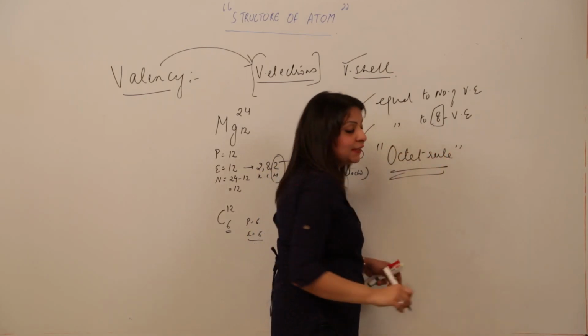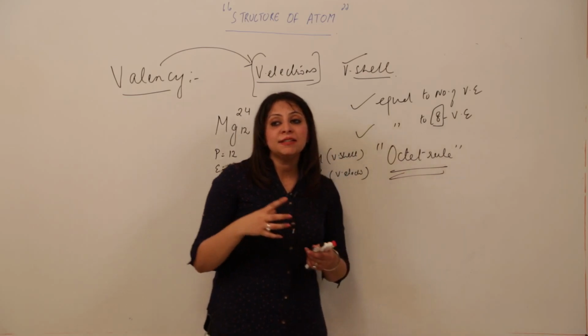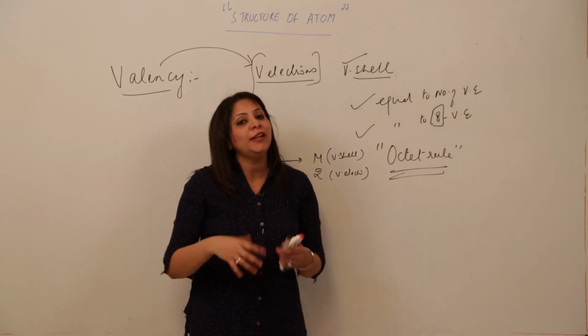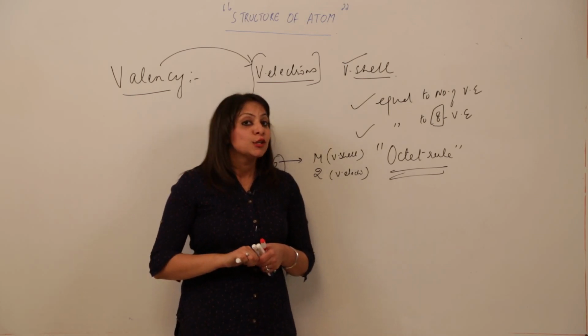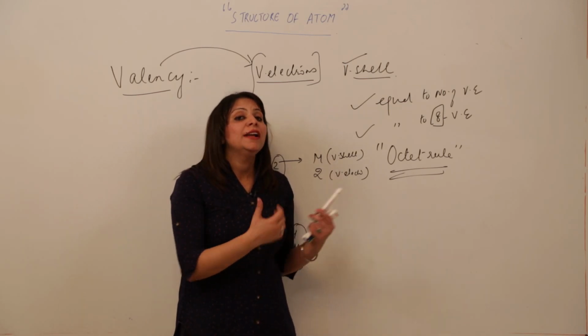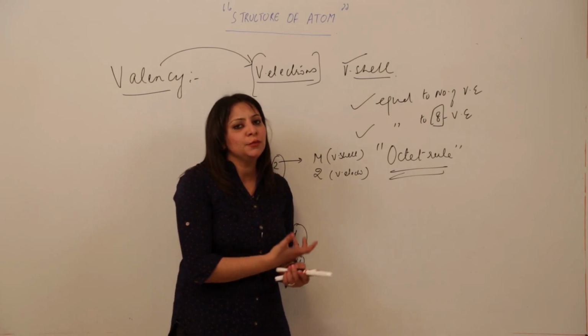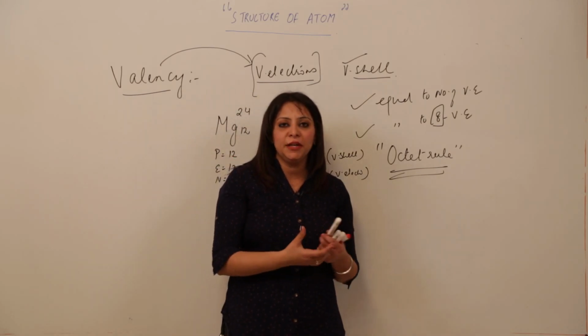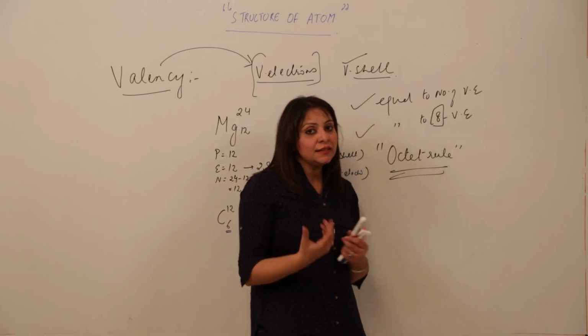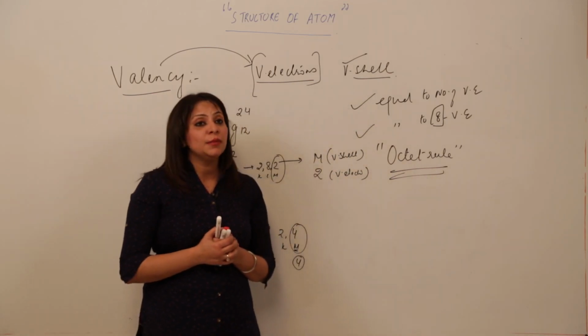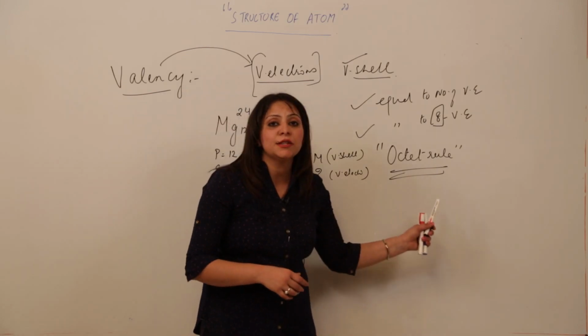See, in nature every substance or every particle needs to attain stability, right? So in case of an atom or an element, because an element is definitely made up of atoms only, the atom, to attain stability, must fulfill this rule, the octet rule.